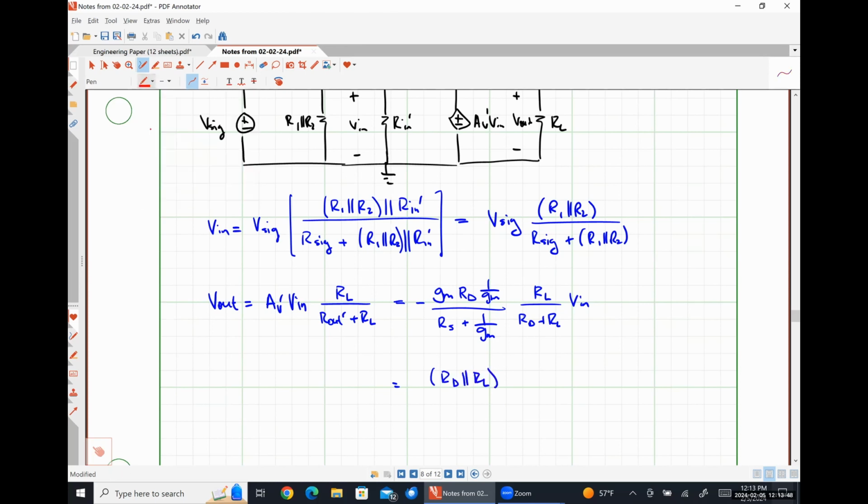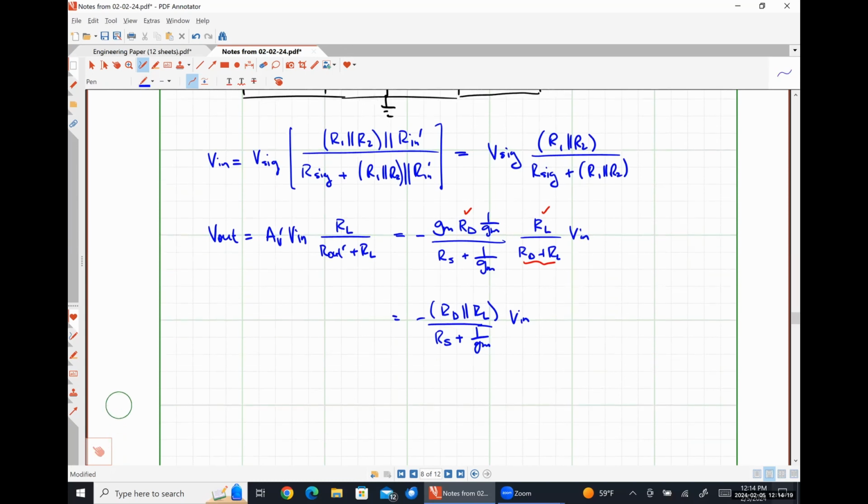So just to be clear here, that's taking care of this part, and that part right there. And now I'm going to have times 1 over RS plus 1 over gm. So that's my relationship between Vout and Vin.